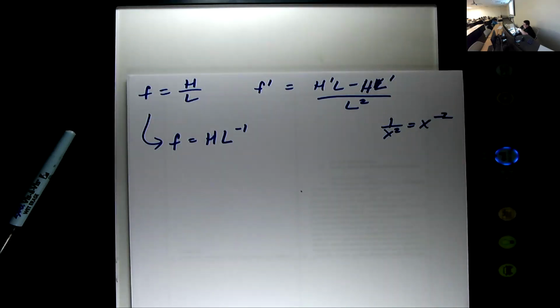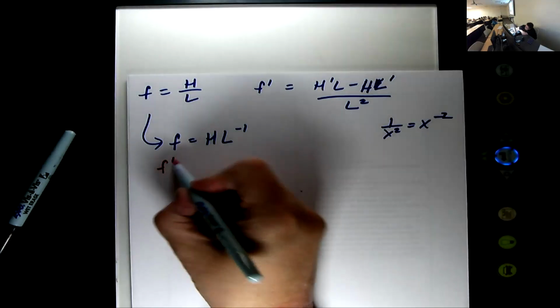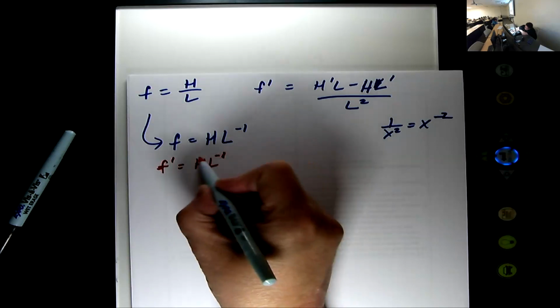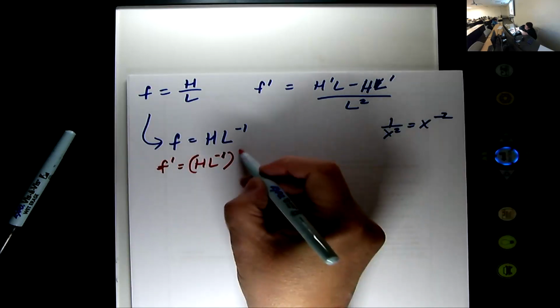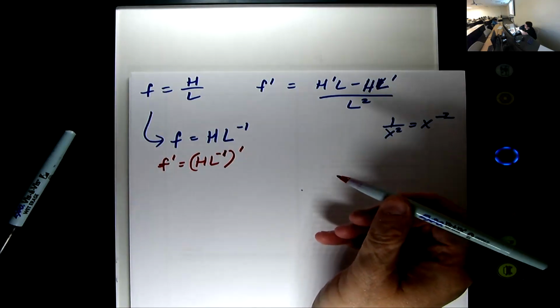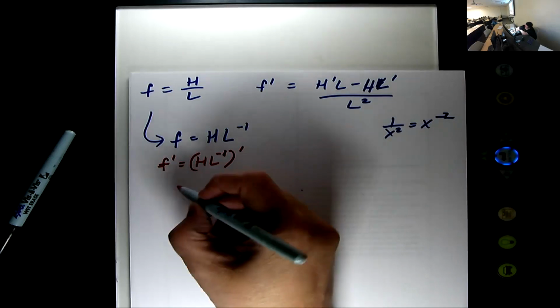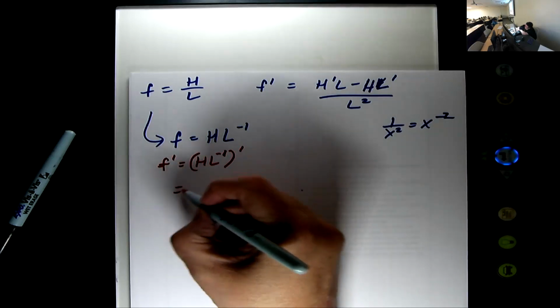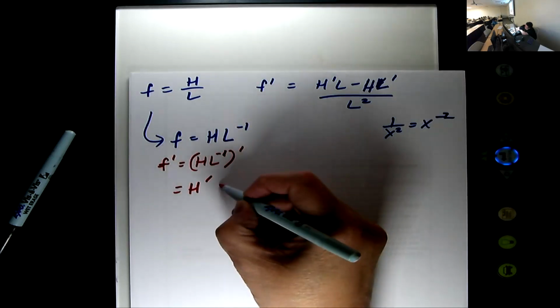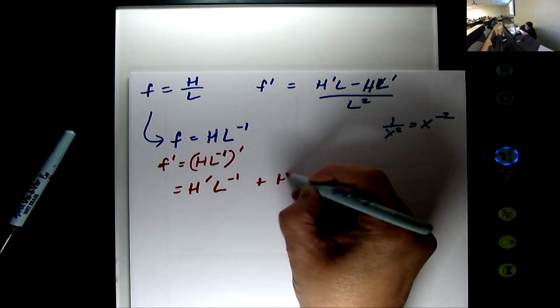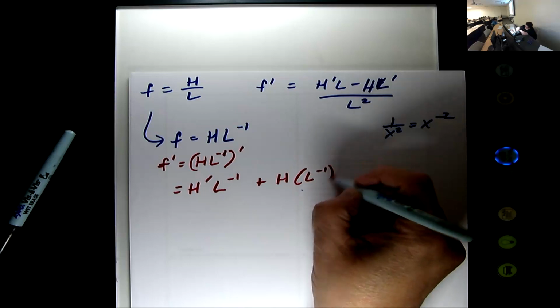And so now if you take the derivative here, we got to do the product rule. So we're going to have h prime L to the -1 plus h and then L to the -1 prime.